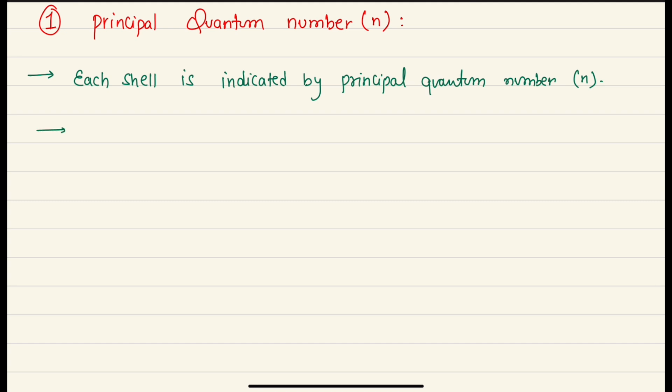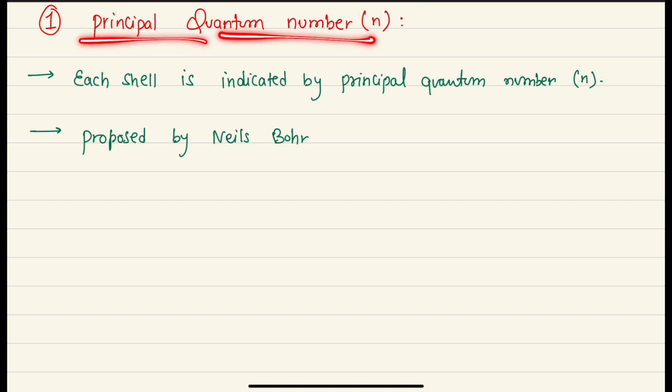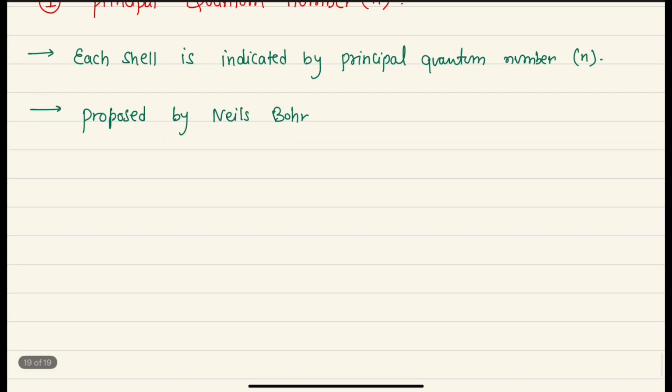So you can write here, proposed by Niels Bohr. And when Schrödinger came, by the Schrödinger equation, this principal quantum number was verified. Originally it was proposed by Niels Bohr.